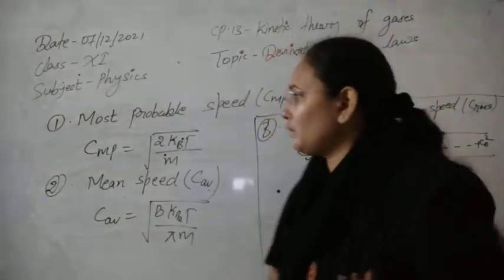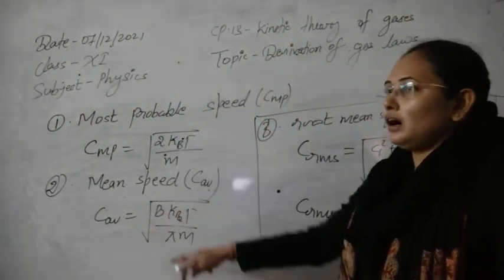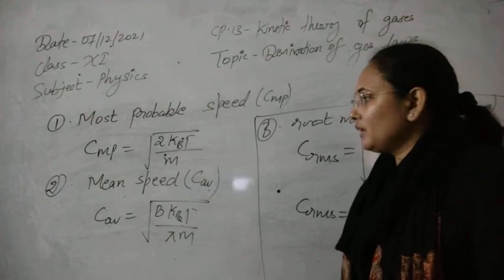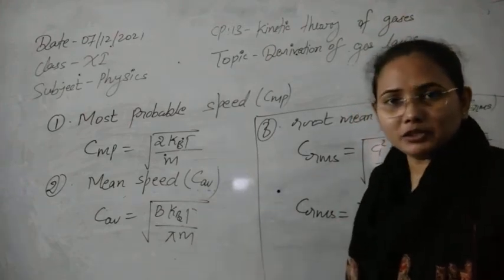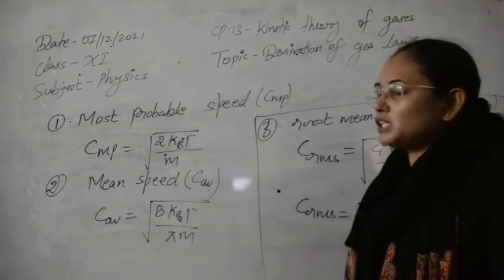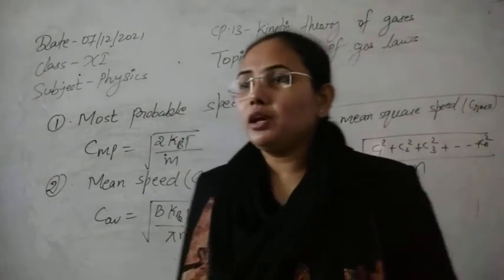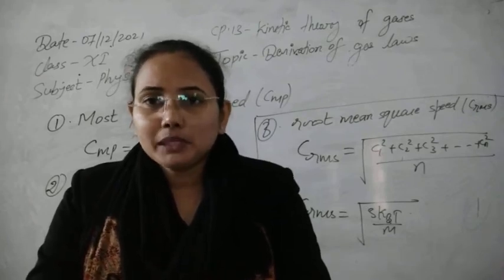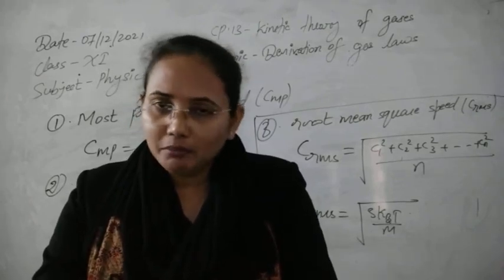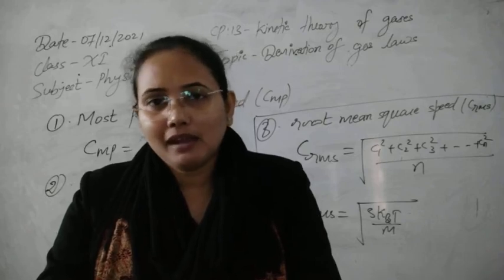The reason I have told you: all gas molecules are moving with different speeds, so we need their average speed, but the more accurate result is given by RMS speed. And the most probable speed, because most of the molecules try to attain a common speed for their equilibrium. So the most probable speed concept we have seen up to now.